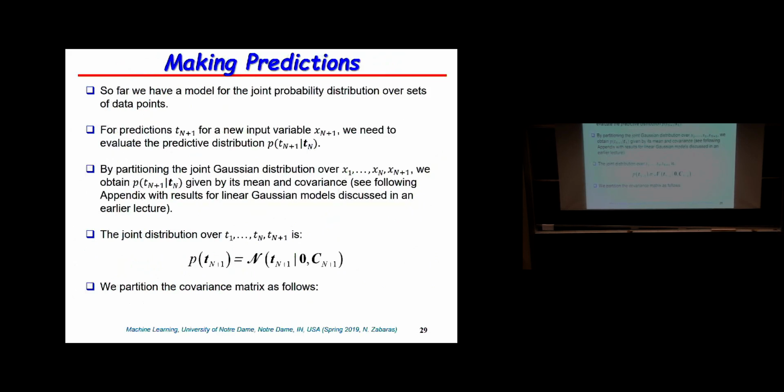So the question is now, we have a likelihood model. We have a prior GP. We assume that the functions we try to model follow a GP with some kernel, and we call that a prior GP. So we actually want now to be able to use this model and do predictions.